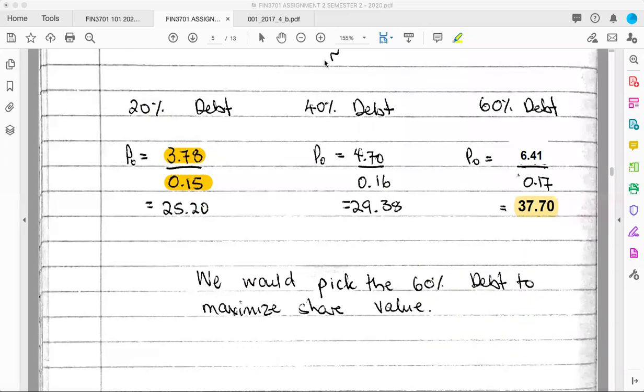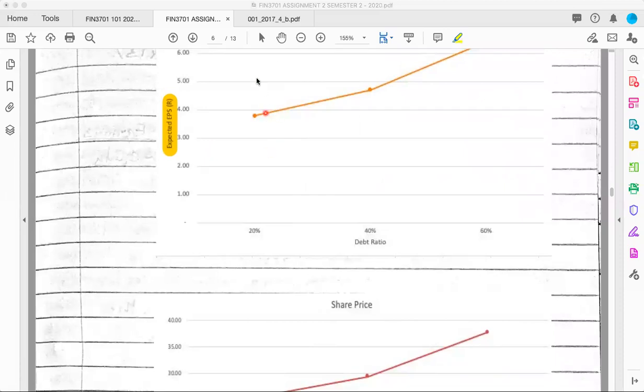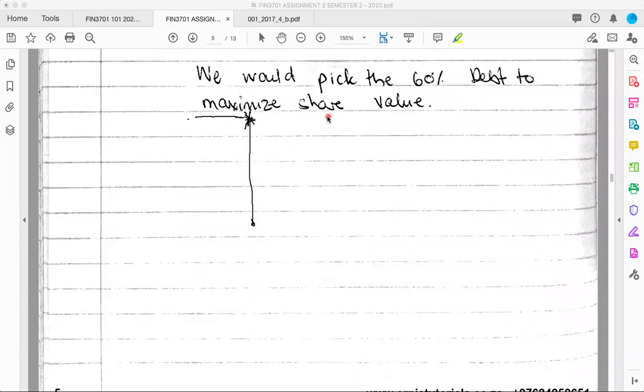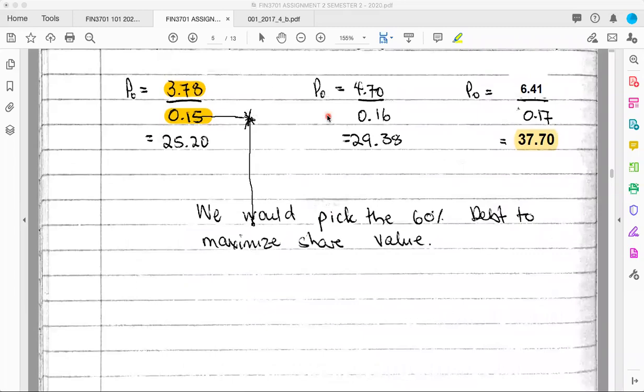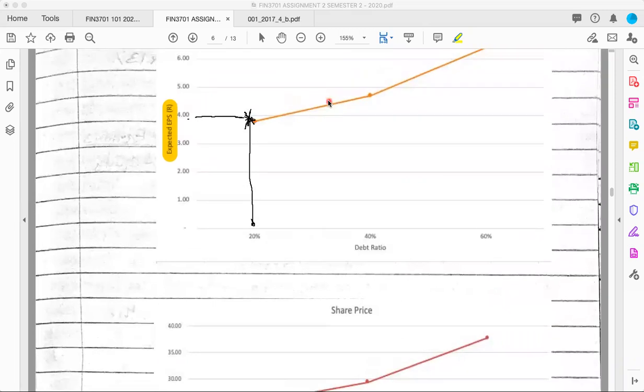So what you can do, you can take your ruler if you're drawing, and then you can go from 20, you go up, and then you have 3.78, I think, this side, then you move across, then you put an X there. So your first X will represent 20% and 3.78, right? And then you can move on to 4.70 at 40% debt.